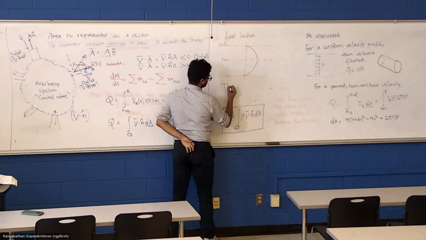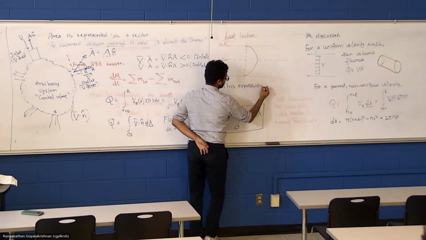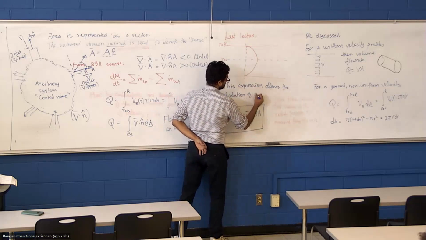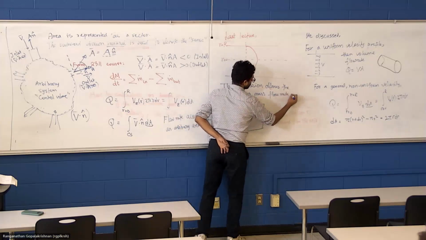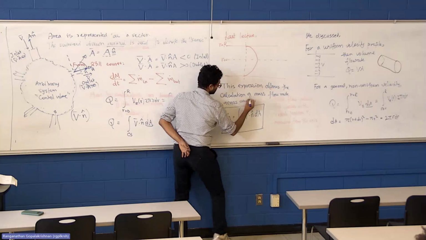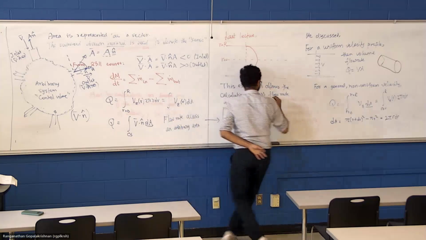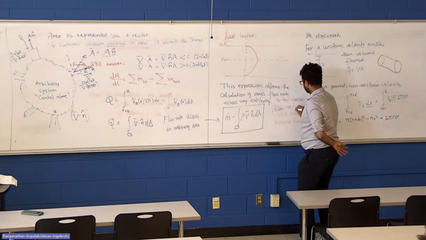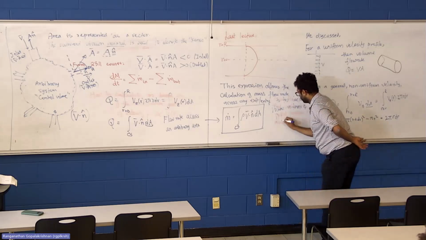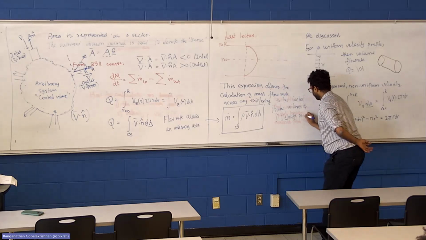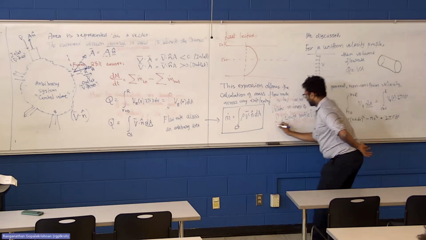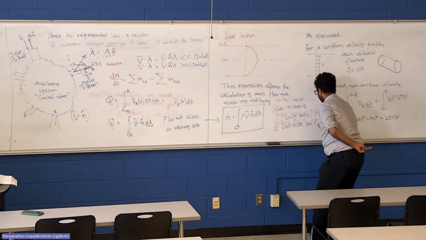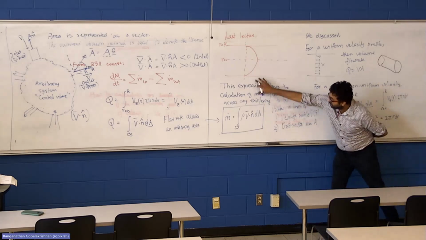So this expression allows the calculation of mass flow rate across any exit or entry to the control volume in terms of the velocity profile V of r and cross section area A. Okay, so please make a note of this. I'll keep quiet for a minute.